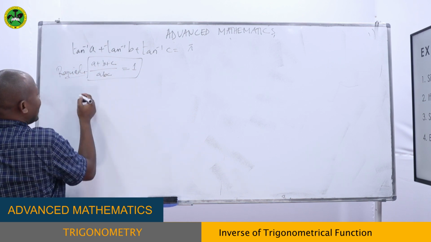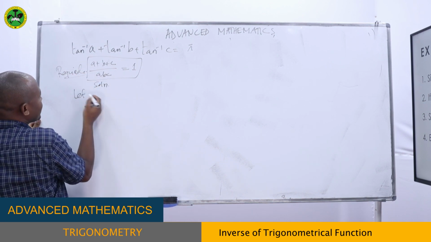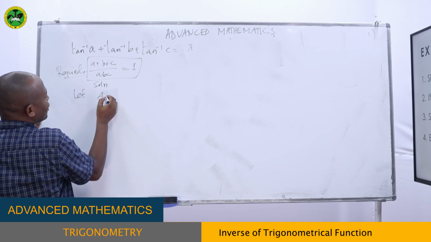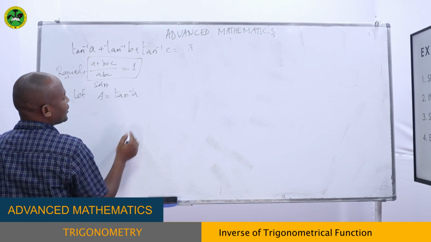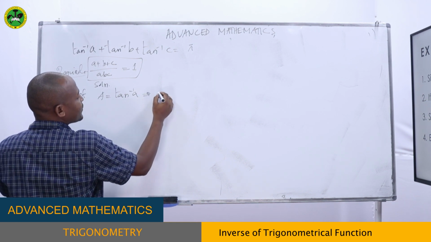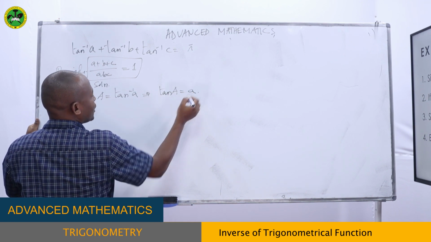Now I will let my solution start with, let's say, capital A equals tan inverse of A. That is to say, tan of capital A is equal to small a.